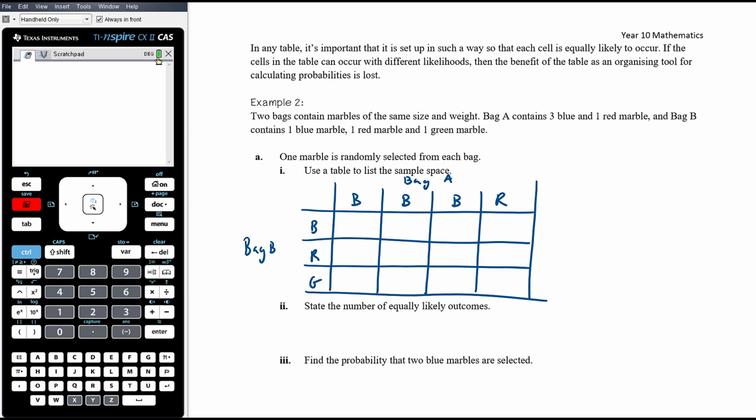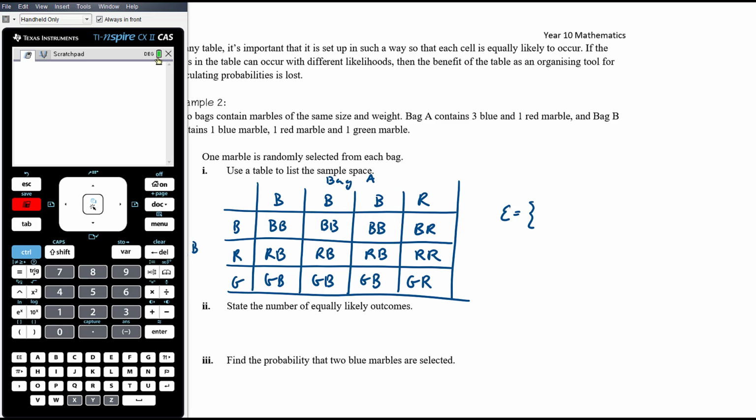Okay, so the sample space is blue blue, blue blue, blue blue, blue red, blue red, red blue, red blue, red blue, red red, green blue, green blue, green blue, green red. So actually in terms of listing your sample space, they're not all different outcomes, okay?